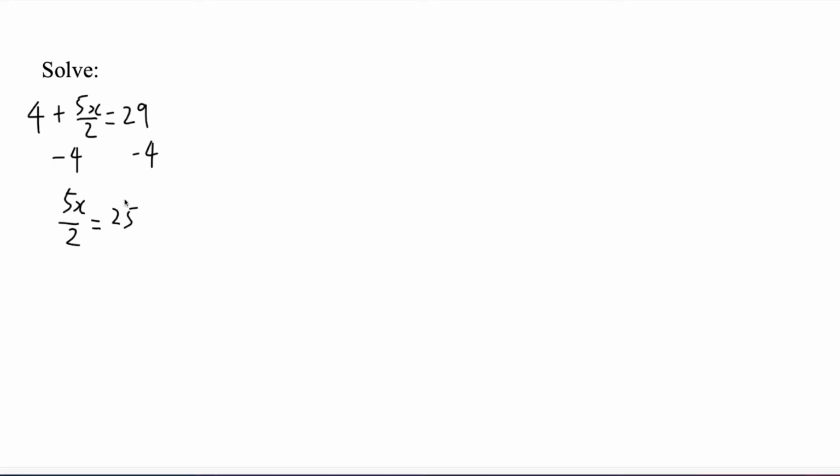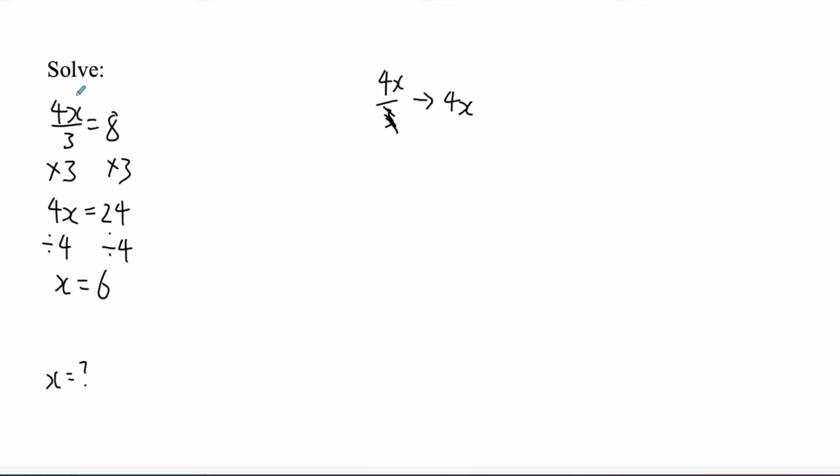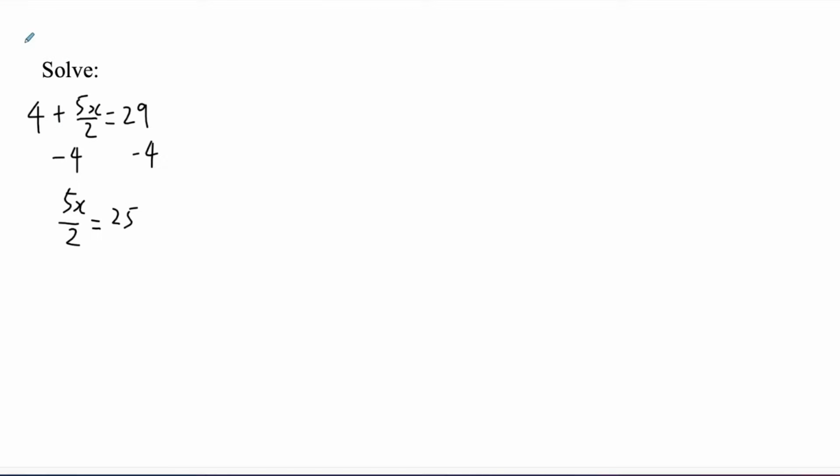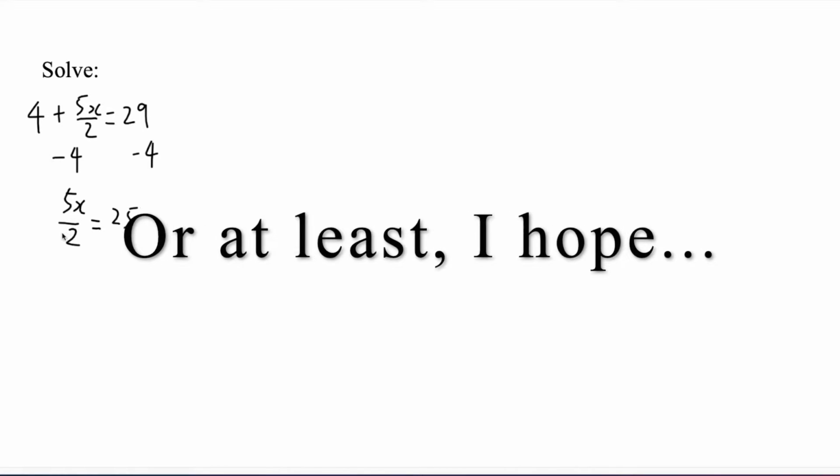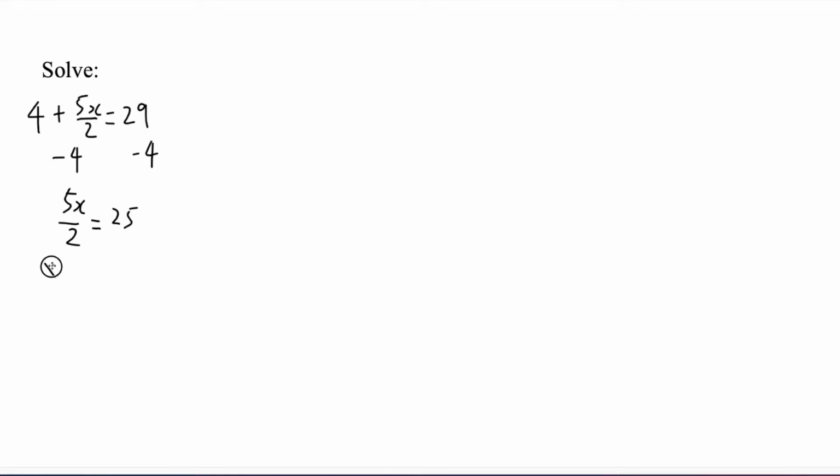Now we have an equation that is very similar to the example that we did earlier. You should be able to do this by now, after I've explained to you how to do this. We have a fraction, so to get rid of the denominator, we have to multiply by the denominator. And what we do to the left side, we do to the right side as well. So what we should be left with is 5x is equal to 50, because 25 times 2 is 50.